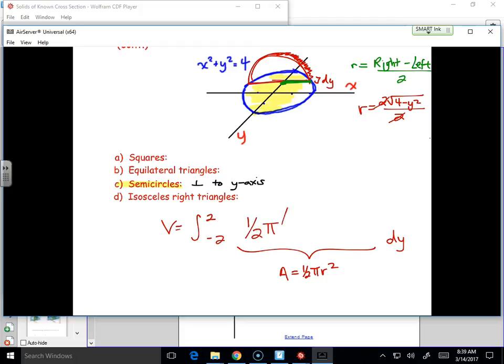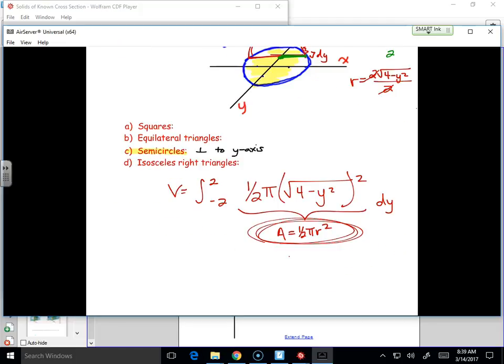Anyway, times the square root of 4 minus y squared, squared. Do you guys see me plugging into this area formula? We just have to think about who is the r, who is the s, who is the base, who is the height right here for each of our different slices before we plug into them. What am I going to do and say, psh, you know what to do next? Solve that definite integral.